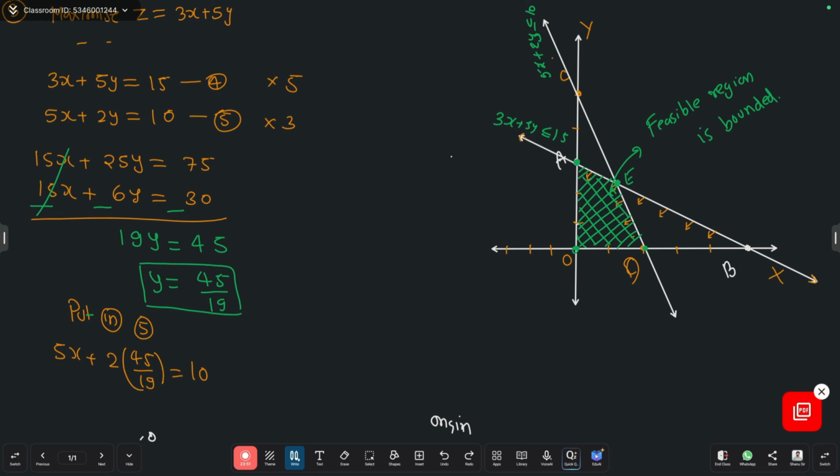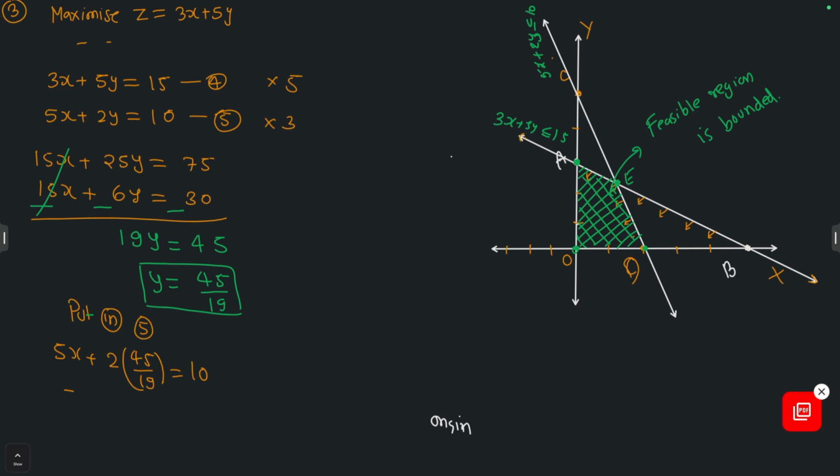So from here, what is the x value? 10 minus 90 upon 19, since 2 into 45 is 90.